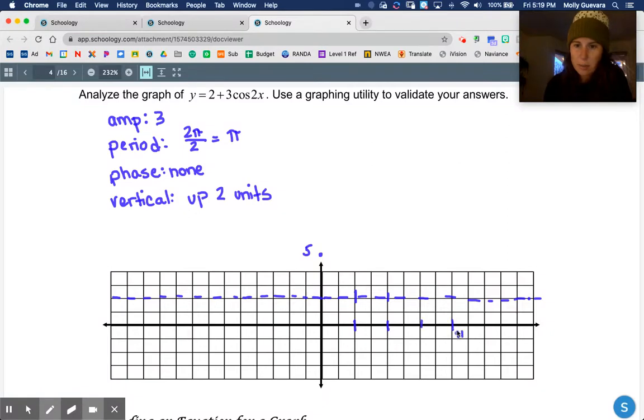So this is now pi. So this would be pi over 2. Then I would have a point at quote unquote 0. Then I would have a point at negative quote unquote 3, right? Because this is my new equilibrium. And then 0, and then back at 3, quote unquote.